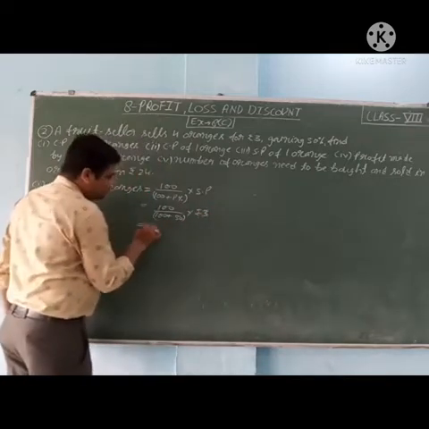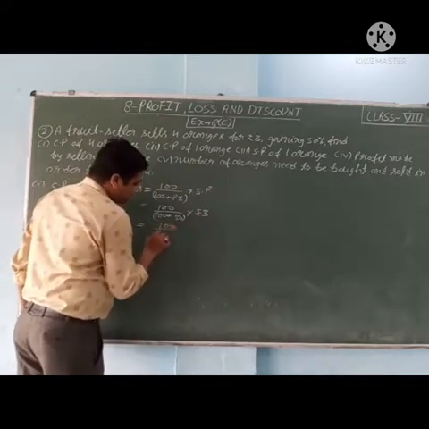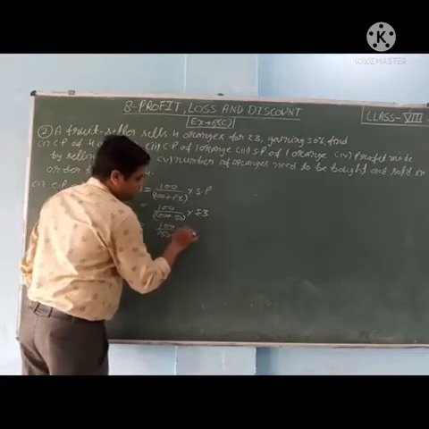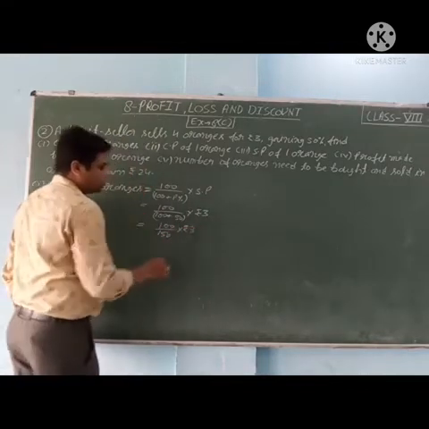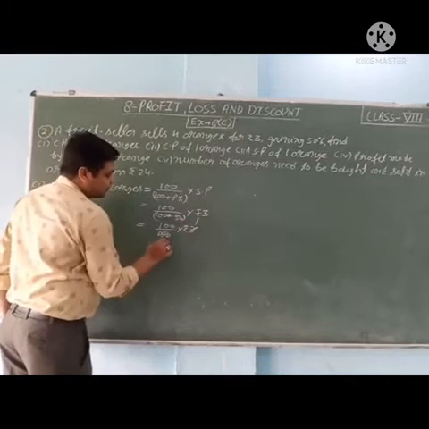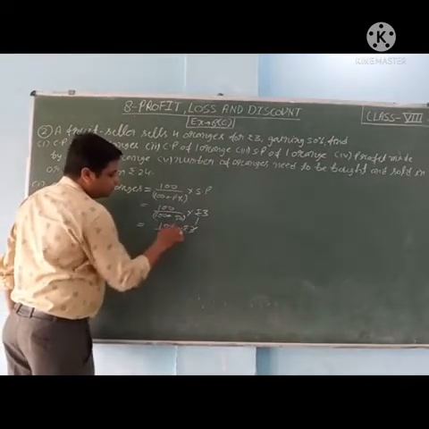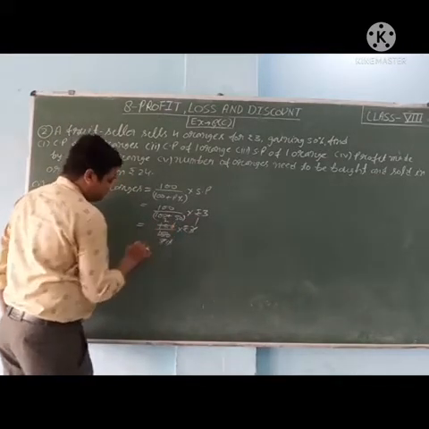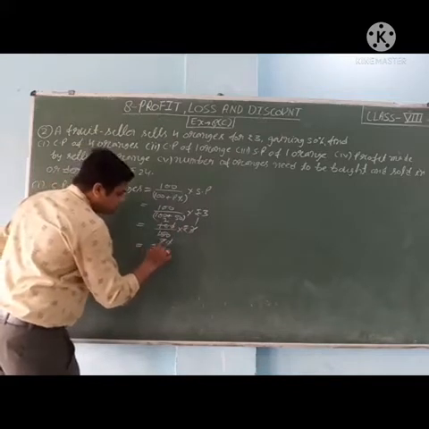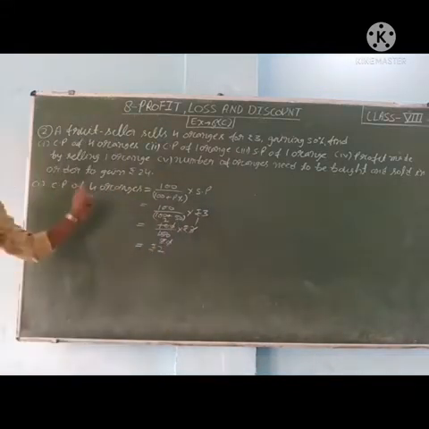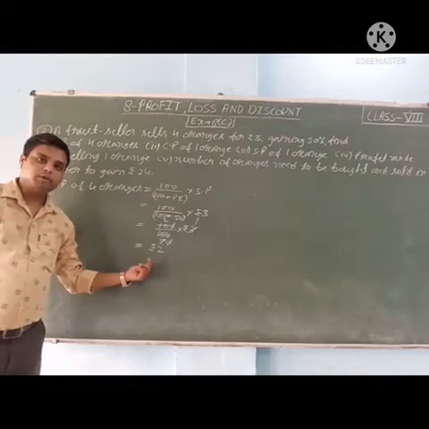So it is equal to 100 upon 150 multiplied by ₹3. So 3 1s are 3, 3 5s are 15, and 0, 0 to 0, 5 2s are 10, is equal to ₹2. So the cost price of 4 oranges is coming ₹2.